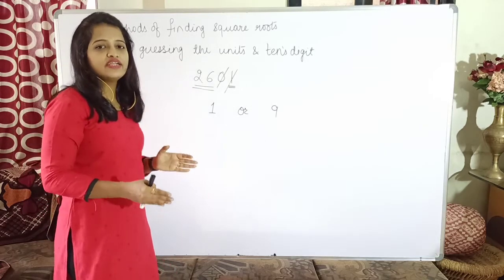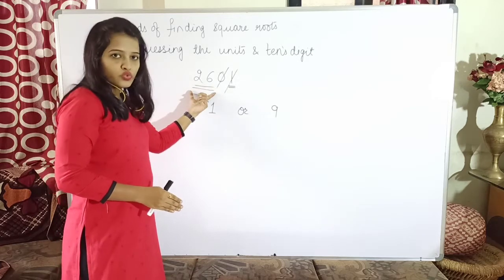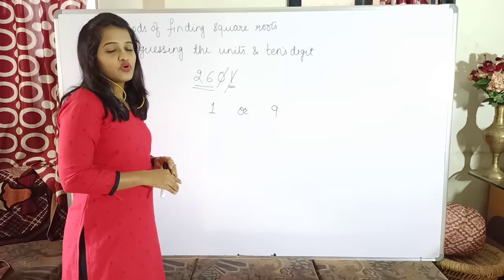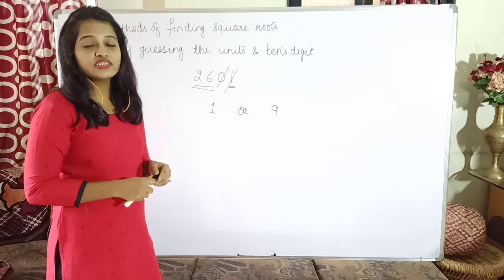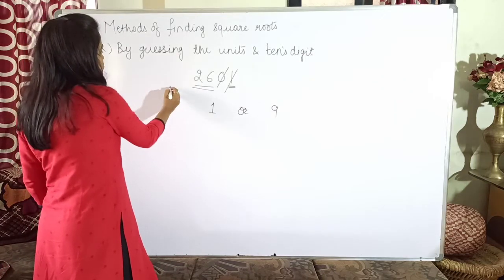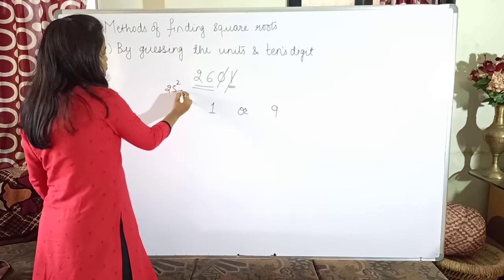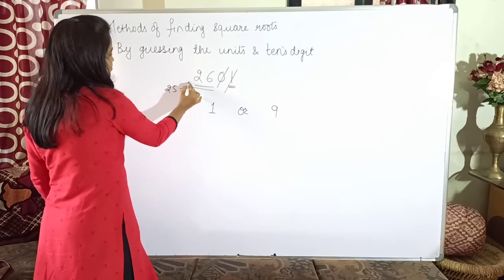So I have to find a square which is equal to 26 or less than 26. Since 26 is not a square, the lesser square is 25. Now 25 is the square of which number? It is the square of 5.